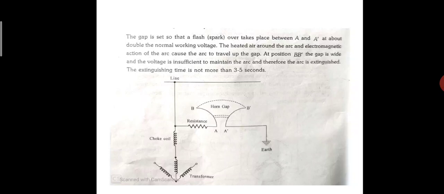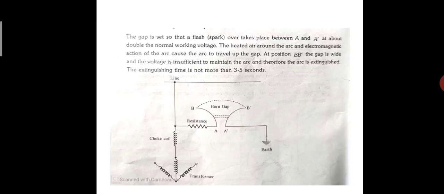At position B and B dash, the gap is wide and the voltage is insufficient to maintain the arc, and therefore the arc is extinguished. The extinguishing time is not more than 3 to 5 seconds.